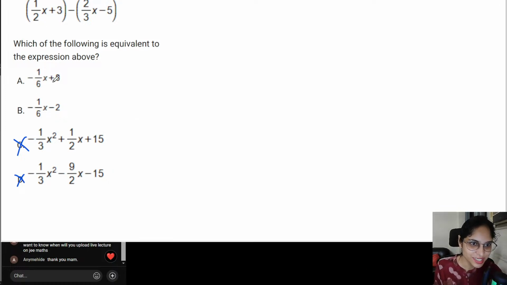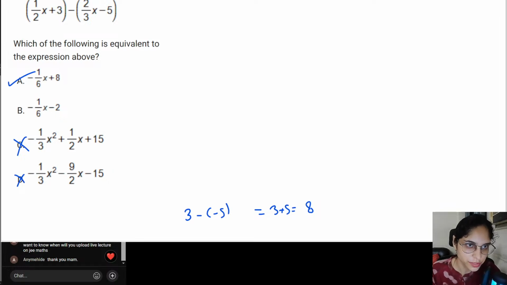So you just need to check your constant. It's 3 minus negative 5, that's 3 plus 5, that's 8. That is all. Why? Because they have the same coefficient for x, so you don't need to solve it. If they were different, then you need to solve it. And because you're subtracting, there is no x squared, so it cannot come in addition or subtraction. We are not multiplying.